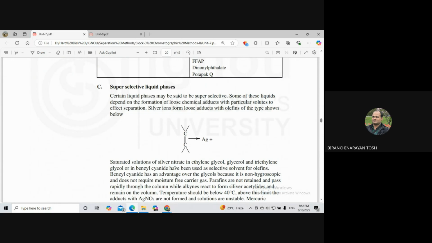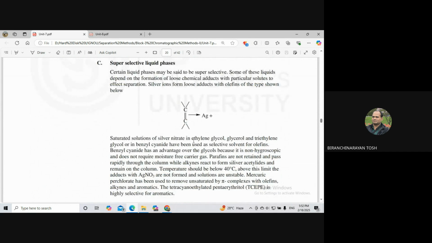So a saturated solution of silver nitrate in ethylene glycol or glycerol and triethylene glycol, or in benzyl cyanide, has been used as a selective solvent for olefins. So as it makes a bind, separation will be better.